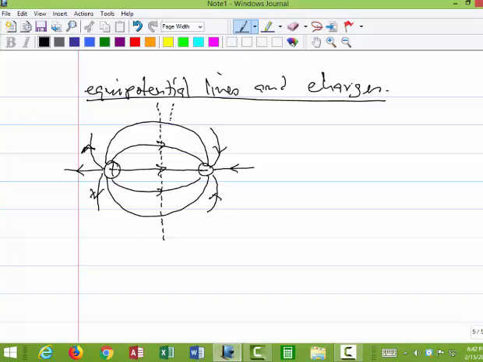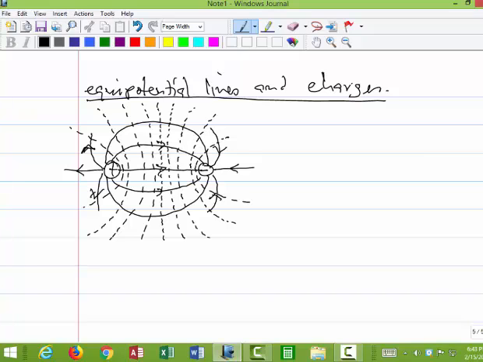And then it should start curving a little bit this way. All of this is done with the expectation that the equipotential lines are perpendicular to the field line. So you can see that it becomes more curved as you get closer to the charge itself. I'll try to be as symmetric as I can. So this is how it should look when you have equipotential lines and field lines.